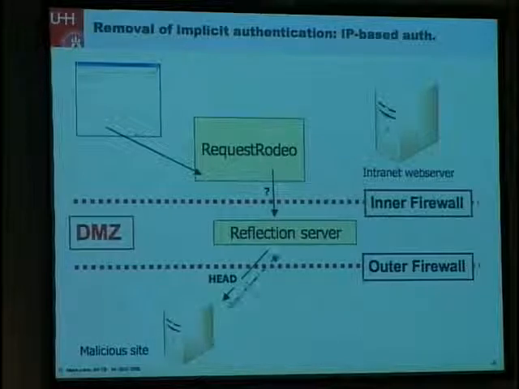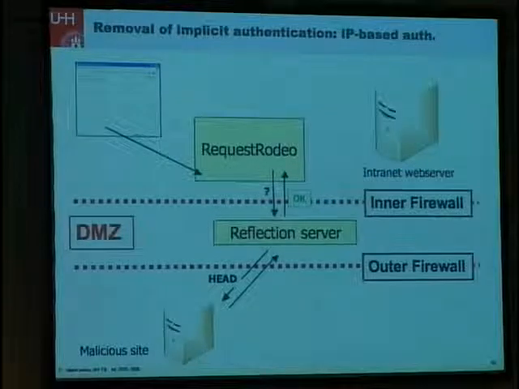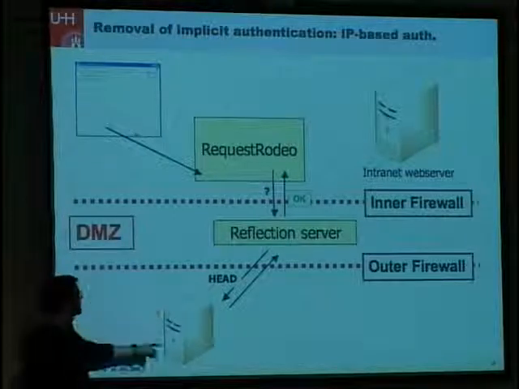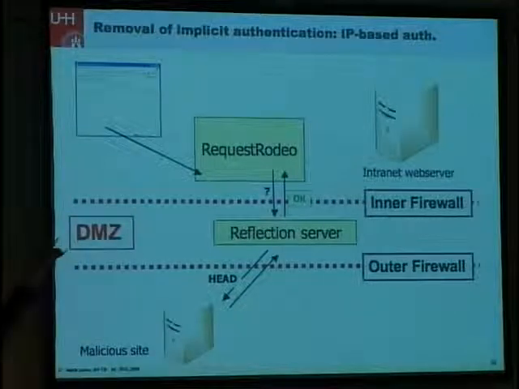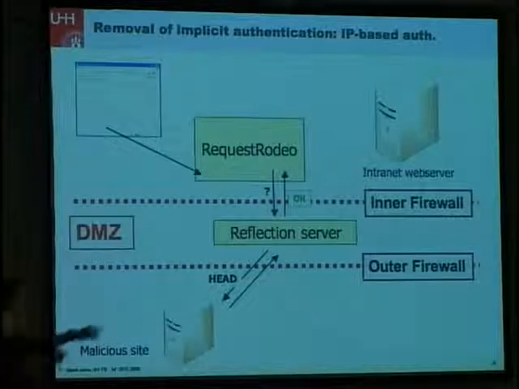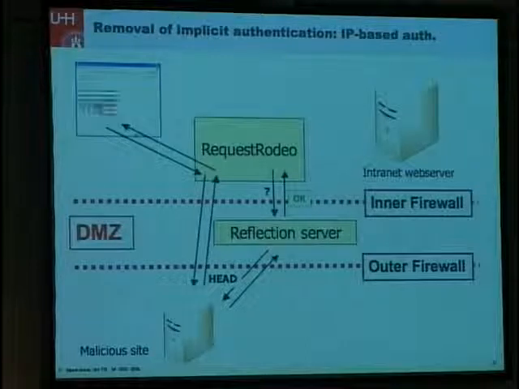The web browser tries to get a web page from the malicious site. Our solution Request Rodeo talks to the reflection server and asks, hey, are you able to get to this site? Is this a publicly available site? Because this request is not within an application, therefore it's unentitled, therefore we don't trust it. The reflection server says, yeah, I can get to this site, so you're allowed to get the HTML data.